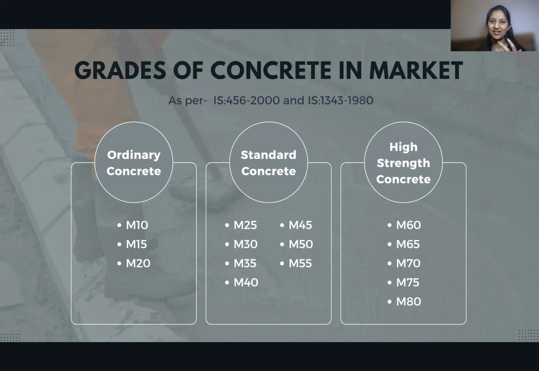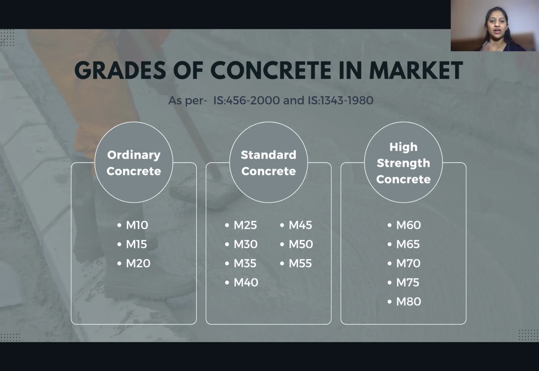This is the characteristic strength, M10, like by now you will definitely know. So 10, 15, 20, all of these numbers signify the characteristic strength of the concrete. M10 to M20, with a difference of 5 between the numbers, are the ones that have been bifurcated. Ordinary concrete has three different kinds, M10, 15, and 20.